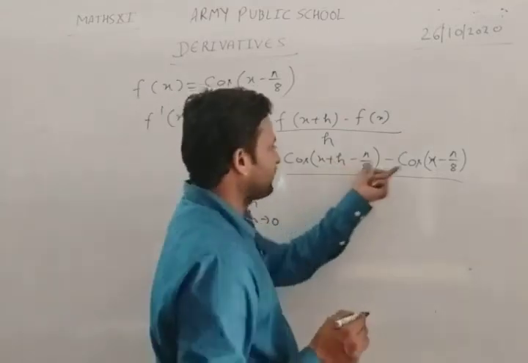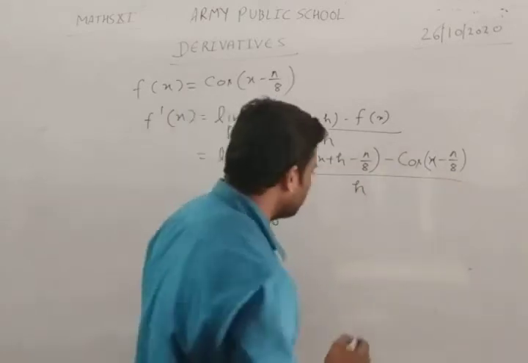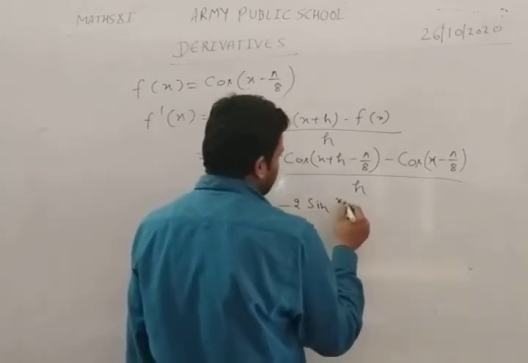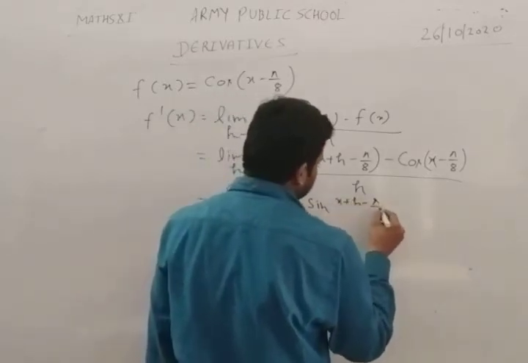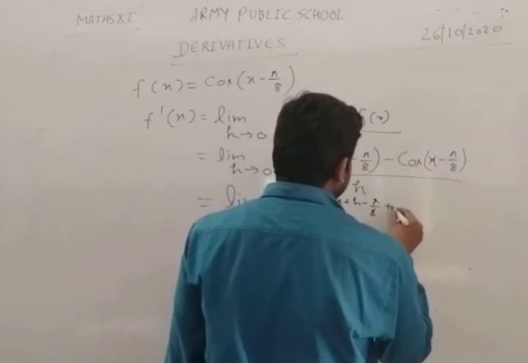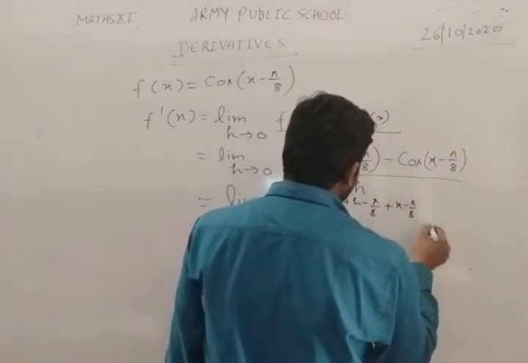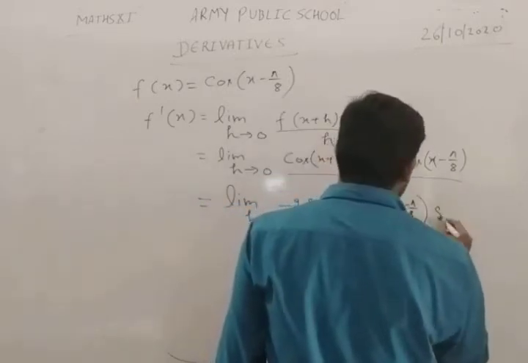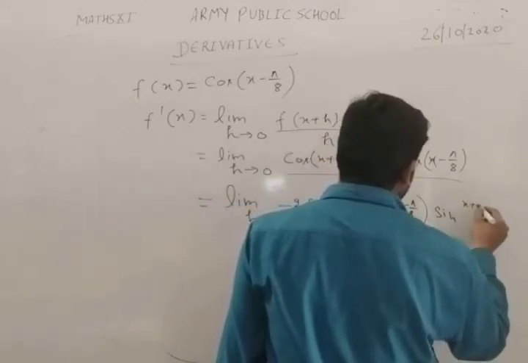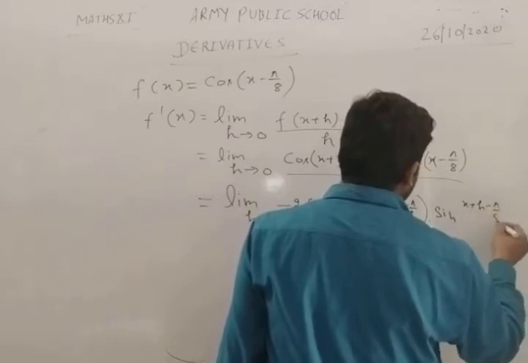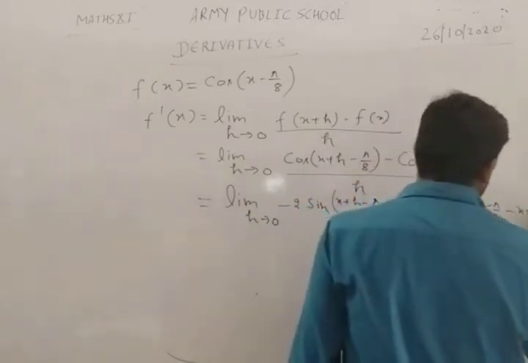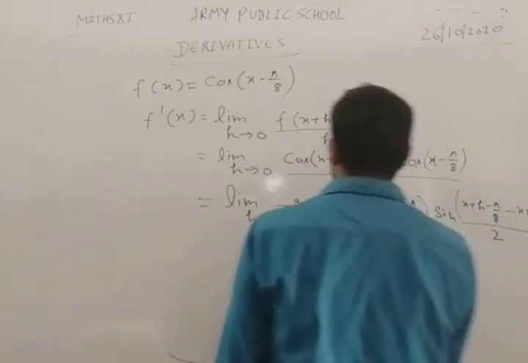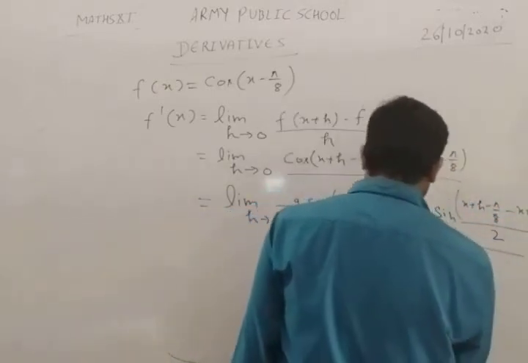Here the formula for cos c - cos d is minus 2 sin((c + d)/2) into sin((c - d)/2), and the whole divided by h.